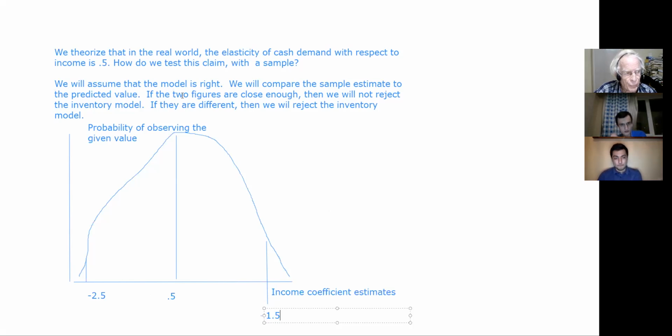If the two figures are that different, then we will reject the inventory model because it is not likely that, given a value in the real world of 0.5, we would actually observe one of these extreme values. Okay, so far? Okay, good.